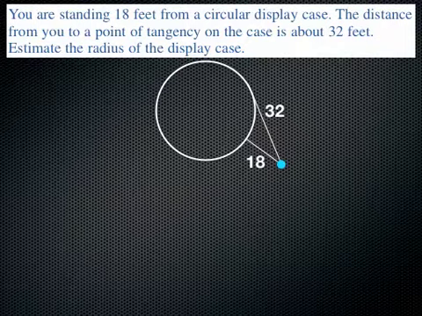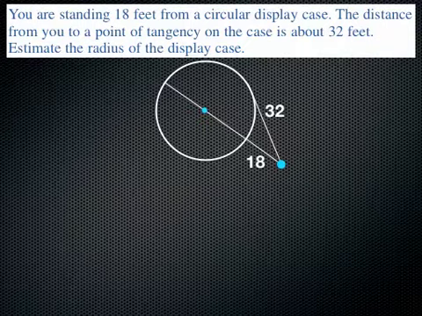Right now, I don't really have a way to solve this problem, but I do need to draw in the radius. And when I draw in the radius, I'm actually going to draw in the diameter, which creates a secant segment using the diameter and my distance from the display case, which was 18.